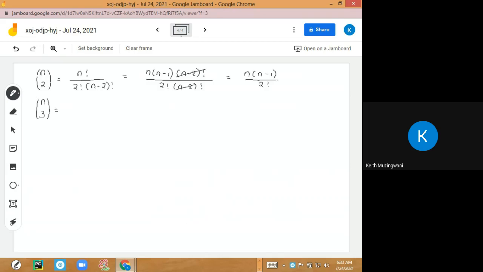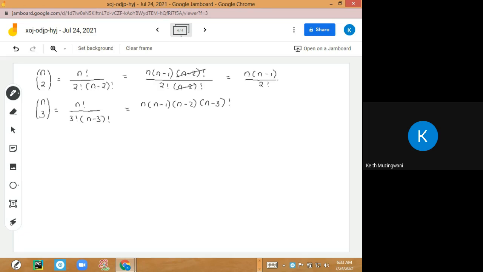N choose 3 will give us n factorial over 3 factorial multiplied by n minus 3 factorial. This is the same as n, n minus 1, n minus 2, n minus 3.